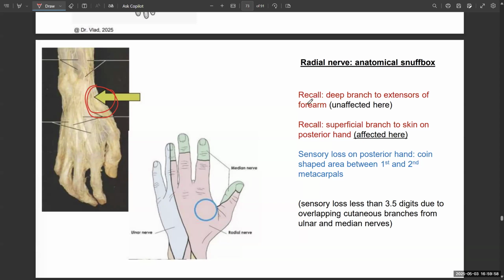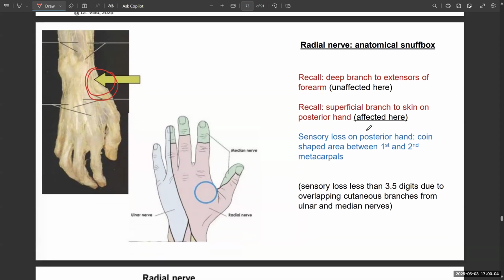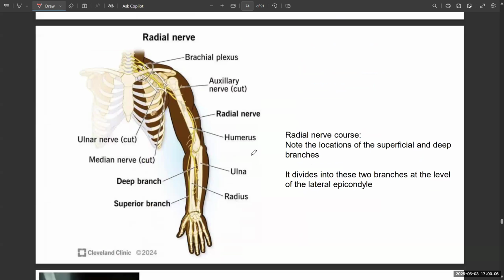Anyways, recall that the deep branch to the extensors of the forearm is unaffected here, okay? Because if we go down here, look at this diagram. Now, see, this is the injured part, okay? The deep branch is already supplying all of the forearm extensors over here, right?